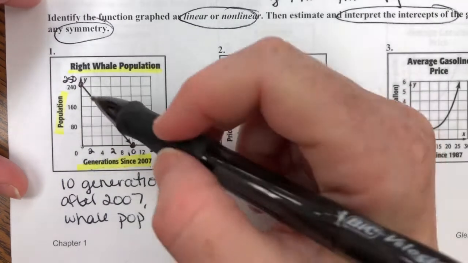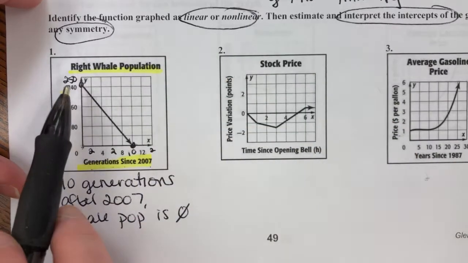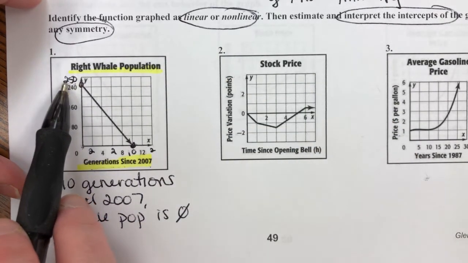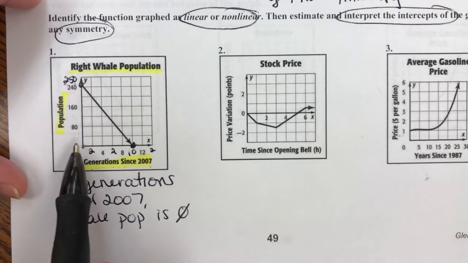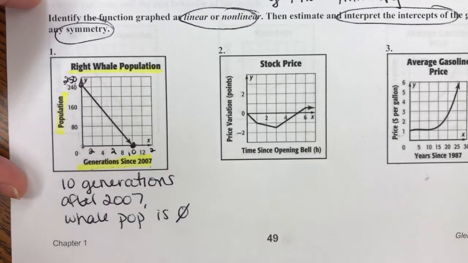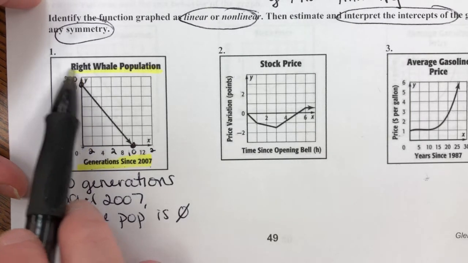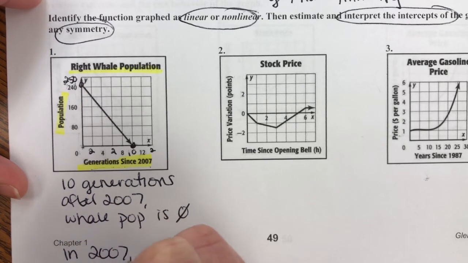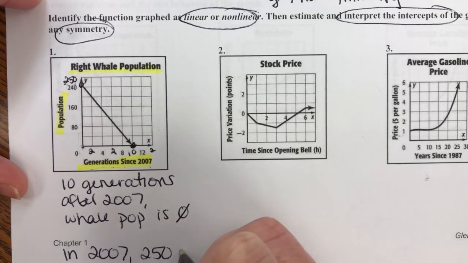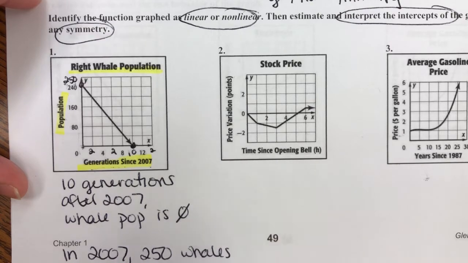And then the y-intercept shows 250 whales in 2007. If the y-axis represents 2007 and everything to the right is everything after 2007, then in 2007 there were about 250 whales.